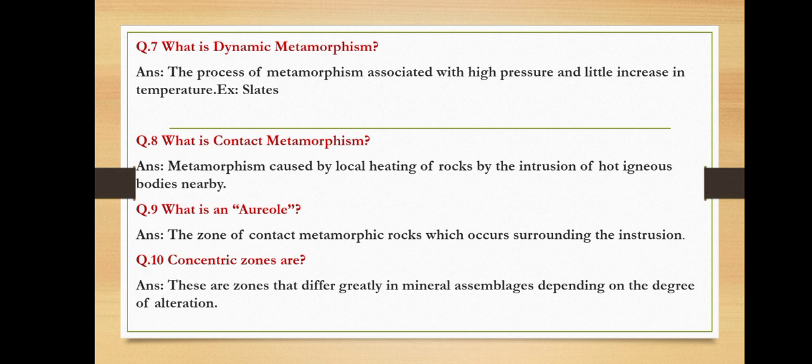Here the agent which will make the dynamic metamorphism happen is the high pressure but under little increase in temperature. And during high pressure, there are some rocks which form, and one of the most commonly found dynamic metamorphic rocks is slate.